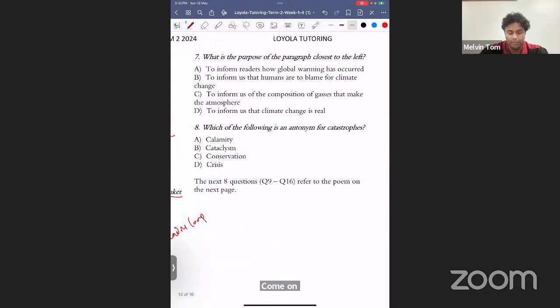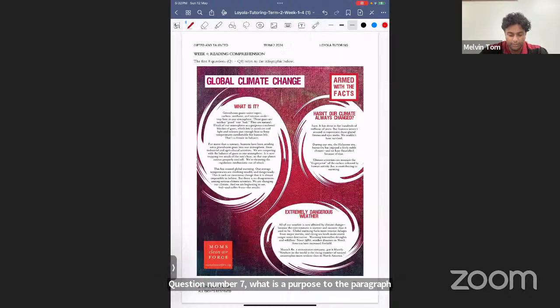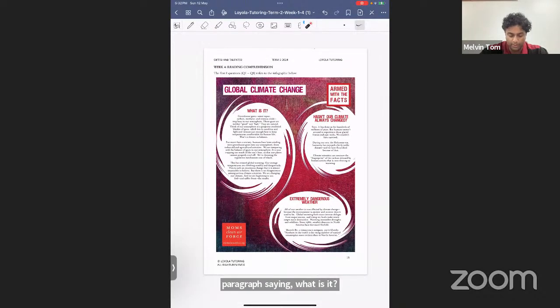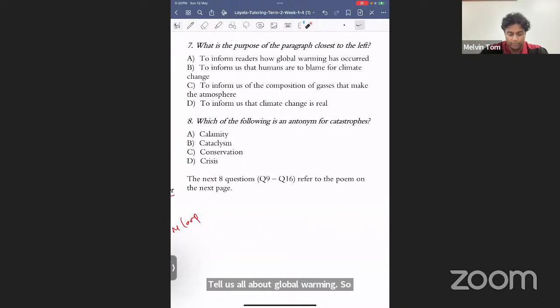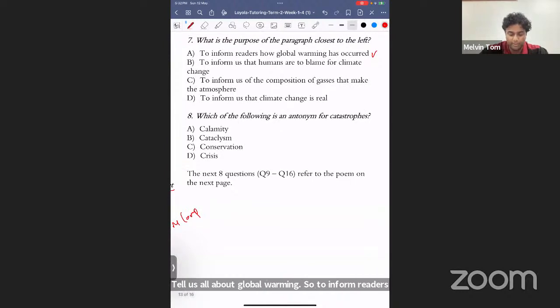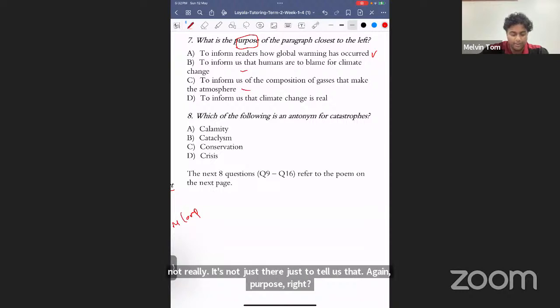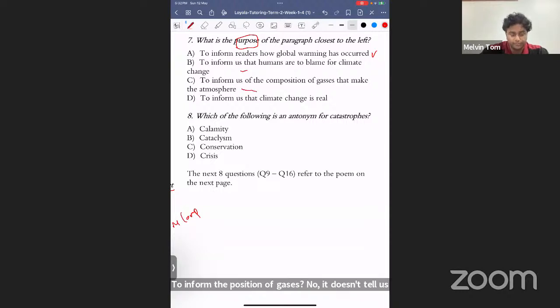Question number 7. What is the purpose of the paragraph closest to the left? So closest to the left, it's a paragraph telling us all about global warming. So to inform readers how global warming has occurred, yes. To inform us that humans are to blame for it, no, not really. It's not just there to tell us that. Again, purpose, right? To inform of the composition of gases, no, it doesn't tell us all the composition of the gases.